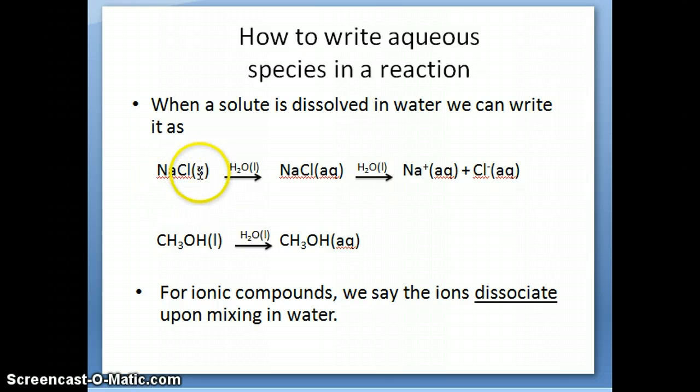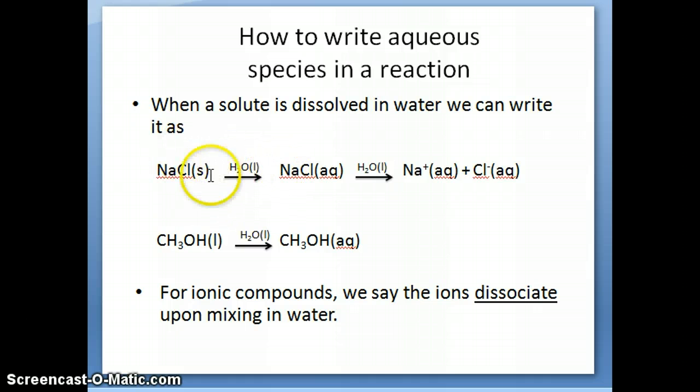So we write NaCl solid, then an arrow and water liquid on top of it, which just means that we're putting the sodium chloride into water. Water is present in a huge amount. There's no real chemical reaction that occurs here per se. You can call it a dissolution reaction, but it's not a chemical reaction the way that we think about it.